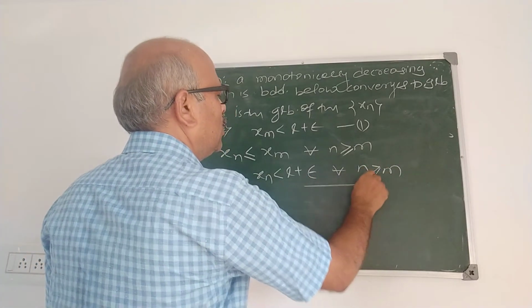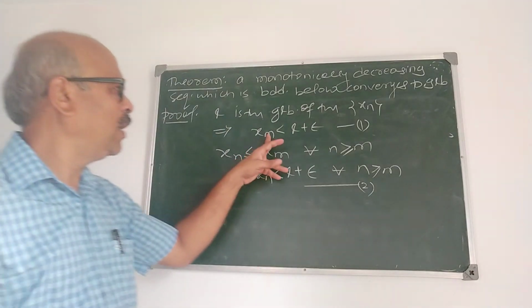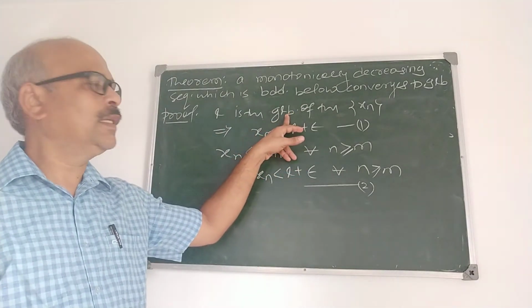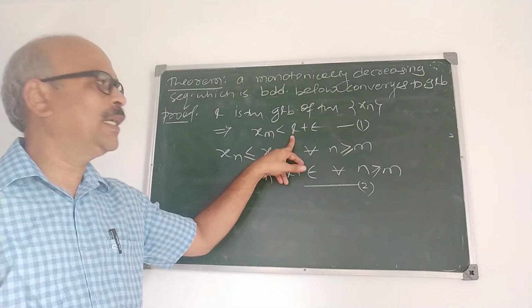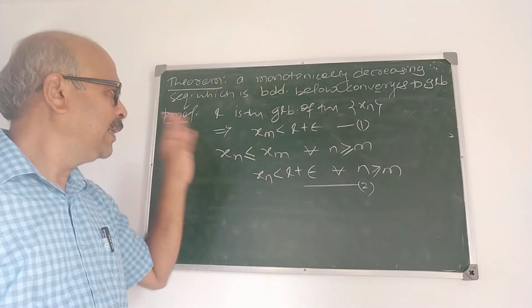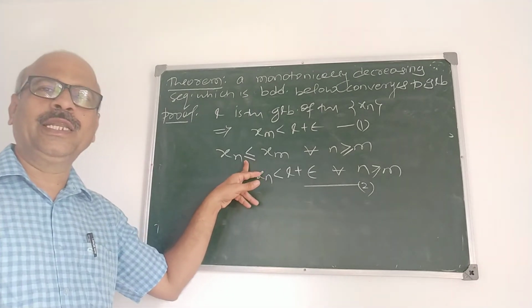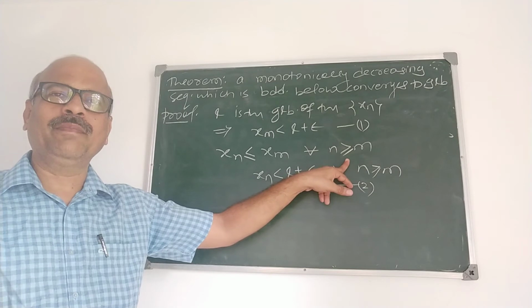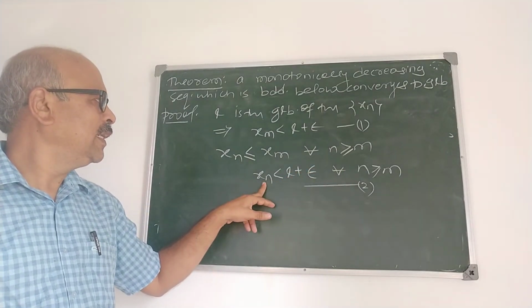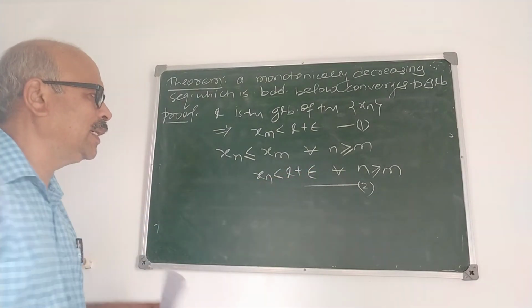This is 2. First we have L as the greatest lower bound, so there exists m with xm less than L plus epsilon. By the definition of monotonically decreasing, xn is less than or equal to xm for all n greater than or equal to m. Therefore xn is less than L plus epsilon.